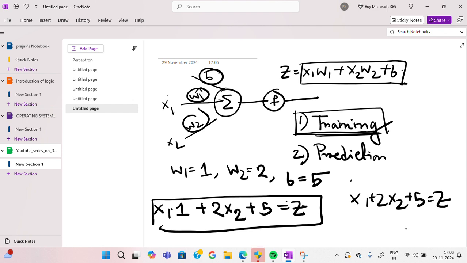Now I have already mentioned the data set, the college data set, where I have IQ, I have CGPA, I have placement status.